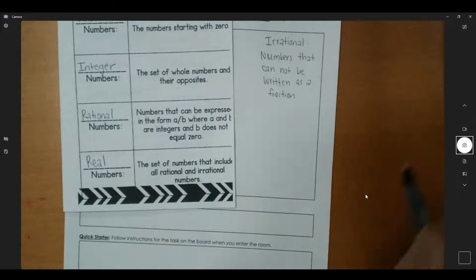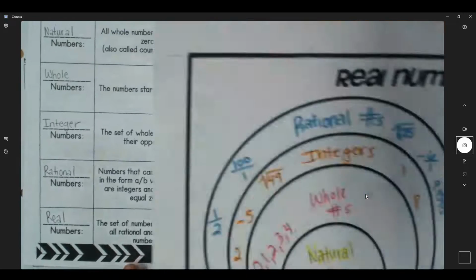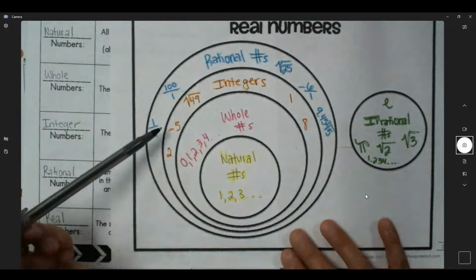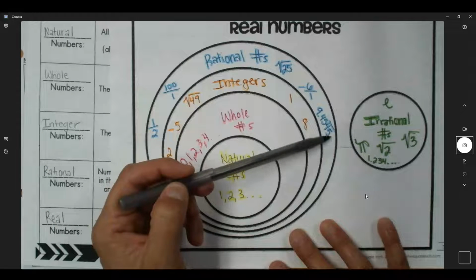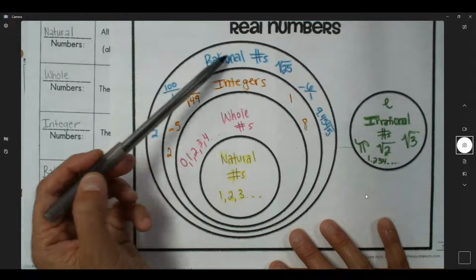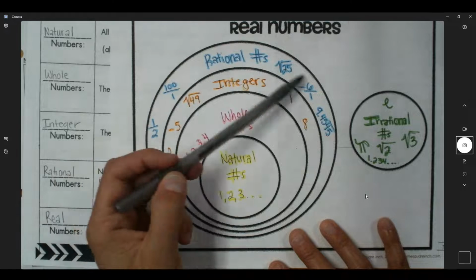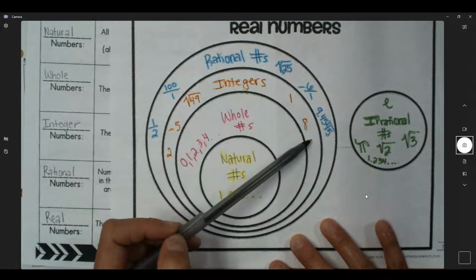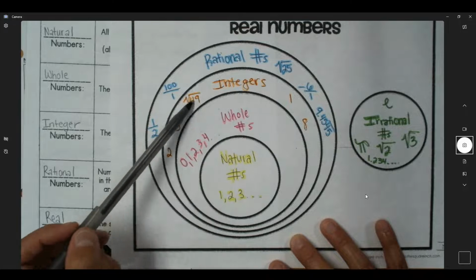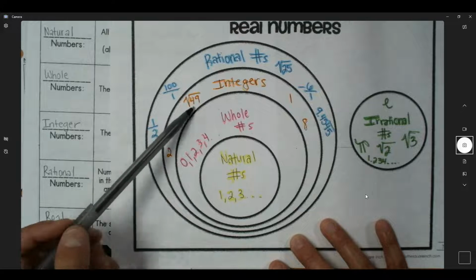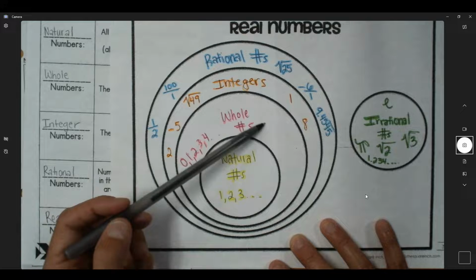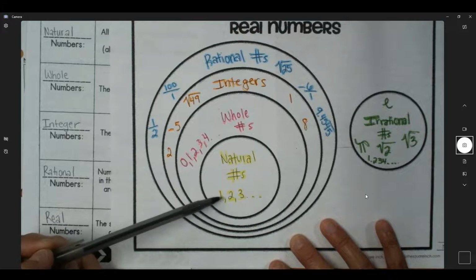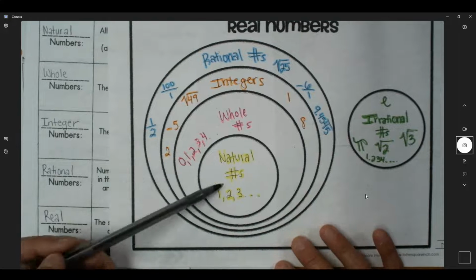Okay, and then to show you some examples of these vocab terms, you don't need to do this, just if you want to look. These are some examples of rational numbers, so things that can be written as a fraction or a whole number either way, because over 1 is still a fraction. And then integers, anything that is a negative whole number or 0 or a positive whole number. And then whole numbers, 0 through all the positives, and then natural numbers, all the positives, no 0, no negatives.